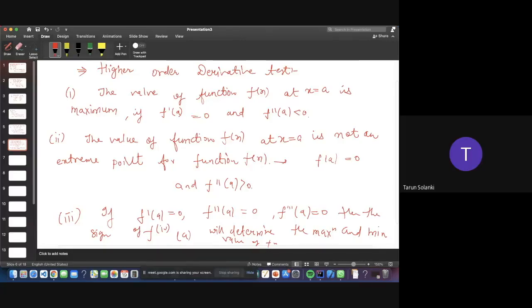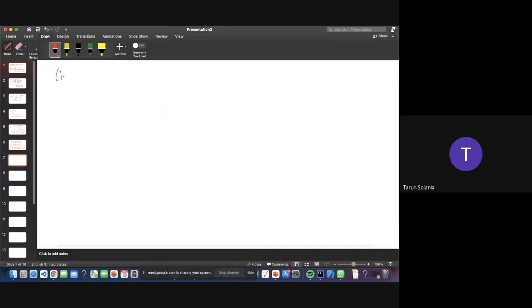Okay, similarly, if f dash c is equal to f double dash c is equal to f triple dash c, and so on up to the (n minus 1)th derivative at c equal to 0, and the last, the nth derivative at c exists and is non-zero.